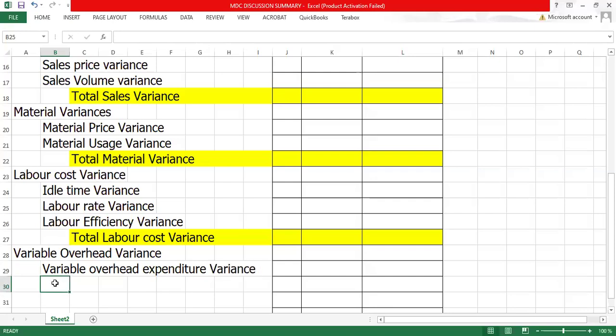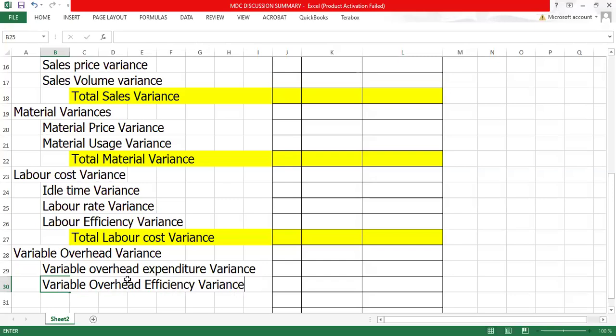Then also you need the variable overhead efficiency variance. You need those two.